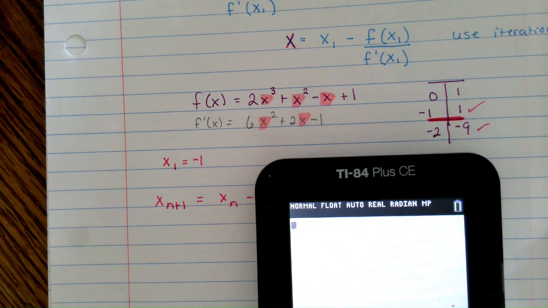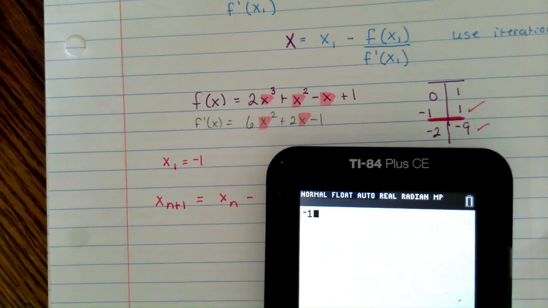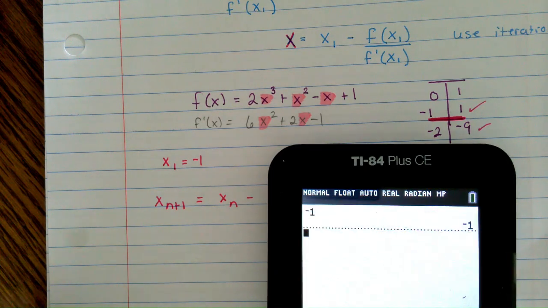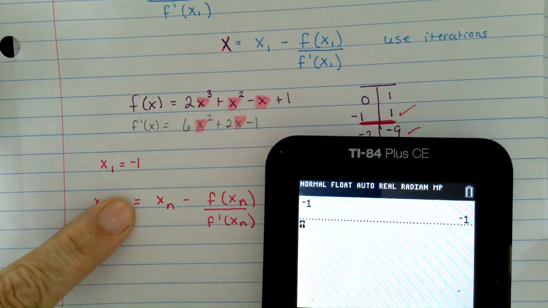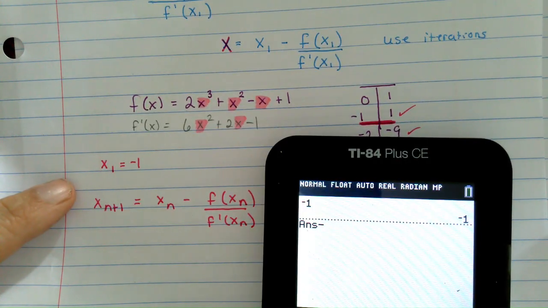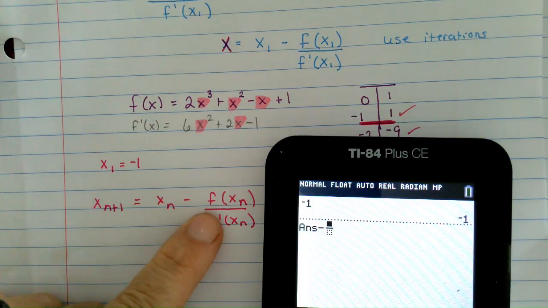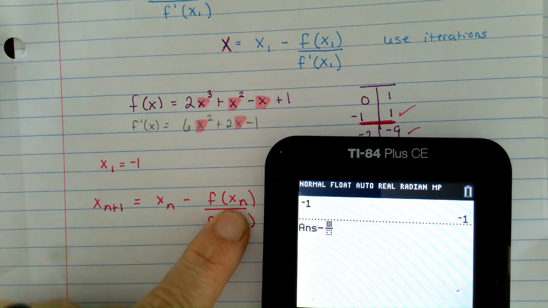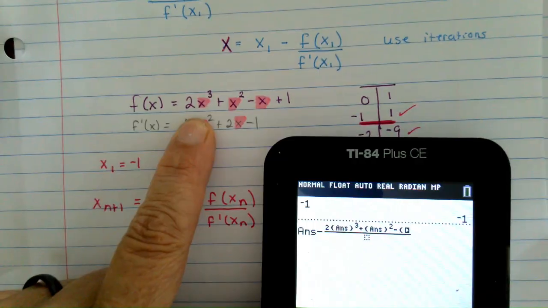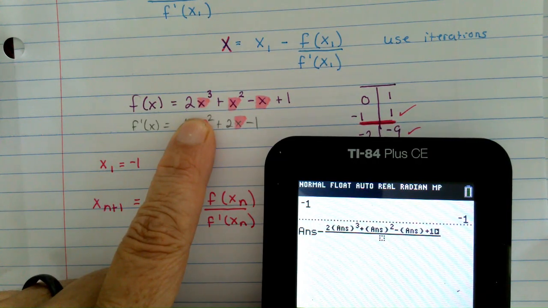Okay, so what I'm going to do here so I can save time is I'm going to type negative 1, enter, because that's my x sub 1. Then I'm going to take my x sub 1, which was my last answer. See how I use the key answer, minus, and I need to do f with my x sub n substituted in. So 2 answer to the third plus answer to the second minus answer plus 1.